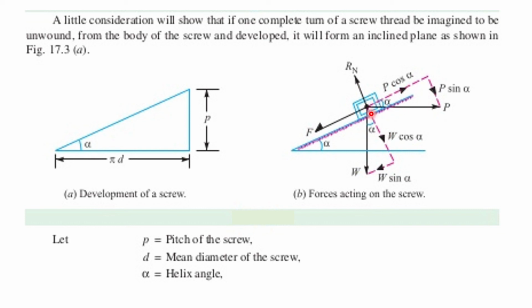Similarly, for the component of weight, it is offering the normal reaction since it is an inclined plane. So these are the different forces acting on the screw. As for simple terminology of the screw, you must be aware that P is the pitch of the screw, D is the mean diameter of the screw, and alpha is the helix angle of the screw. So this is about the friction acting on the screw.